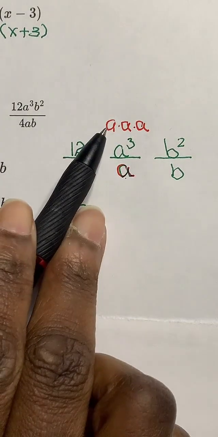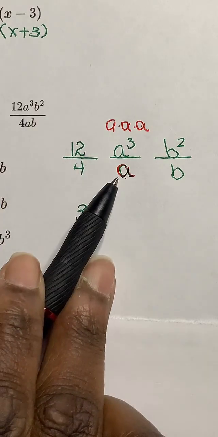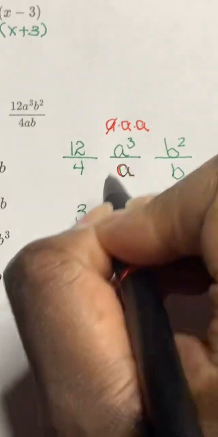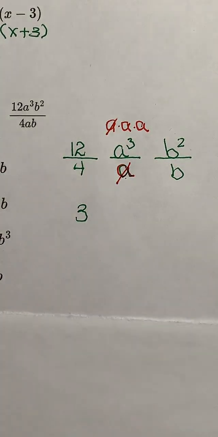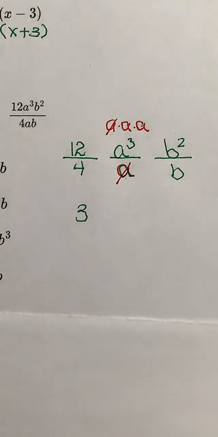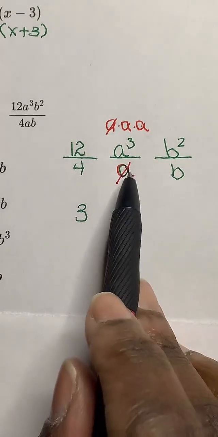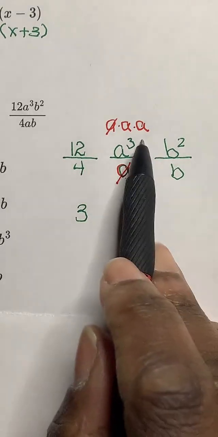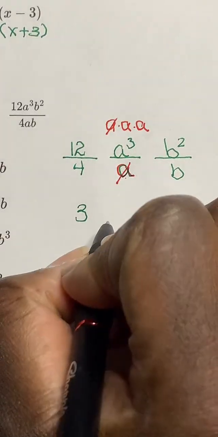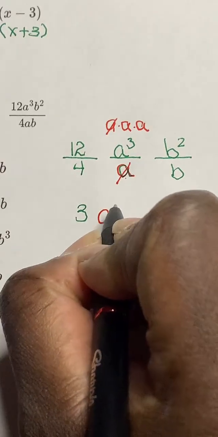I know anything divided by itself will equal 1. So A divided by A, they cancel out. That gives me a 1. And we all know that 1 times anything is itself. But what's left over? We got 2 A's, and the way that I write 2 A's is simply A squared.